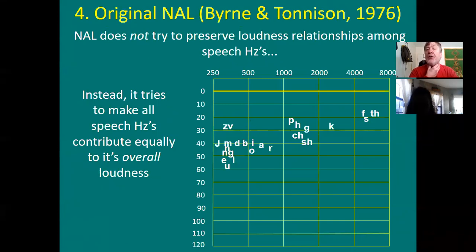A, E, I, O, U, all your vowels, and all your voiced consonants, b, d, g, m, all of those are louder and lower, okay? And then when you start getting ch, sh, k, s, those are higher and softer. So here's the relationship. Look at this relationship among adjacent speech frequencies. This is the way normal hearing people hear speech.